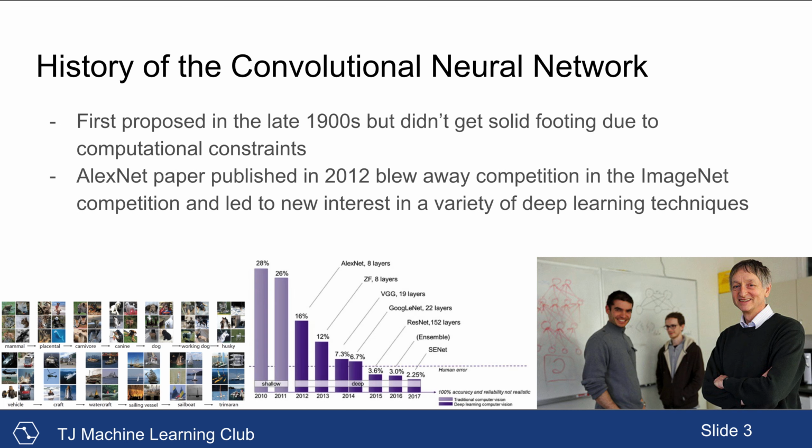Okay, so before getting into the technical details of the convolution, I just wanted to give some historical context. The idea of a convolutional neural network has been around for a fairly long time relative to a lot of deep learning research, right?